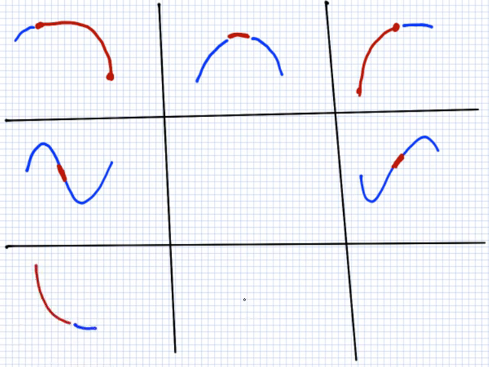This one is convex and a turning point, so it looks like this. And the last one is convex and increasing, which is like this.